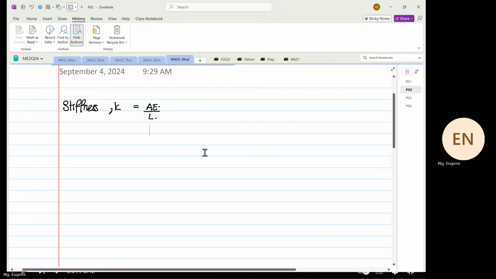Now, this is only possible when we derive this, when the structure is under axial loading, right? So we have a structure over here.